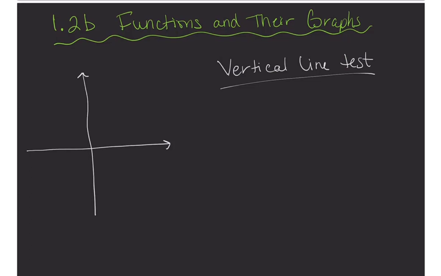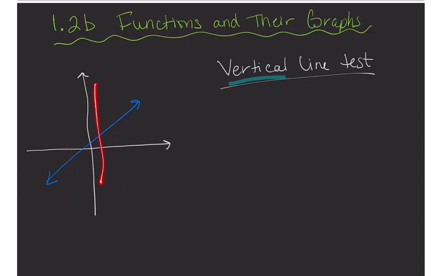When it comes to graphs, we can look to see if an x has more than one y. If we look at something simple like a line and we want to do this vertical line test, vertical would be going up and down. So we're going to arbitrarily draw lines going through, and I touch my graph one time.